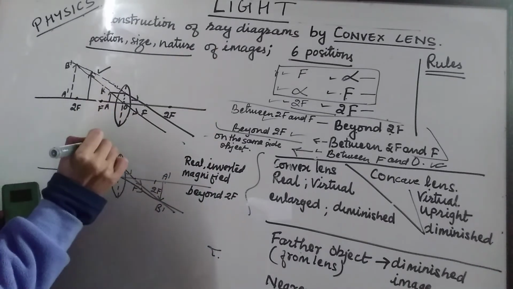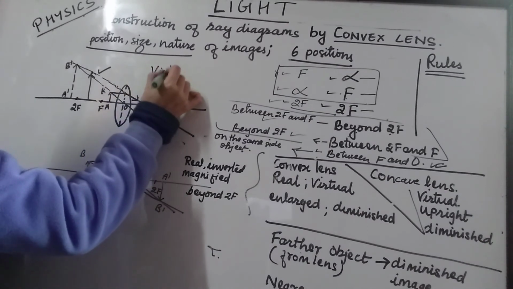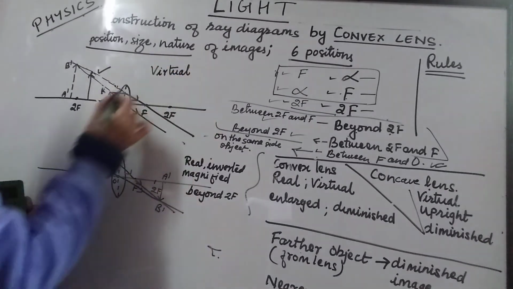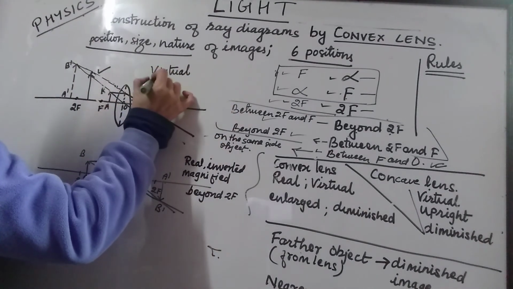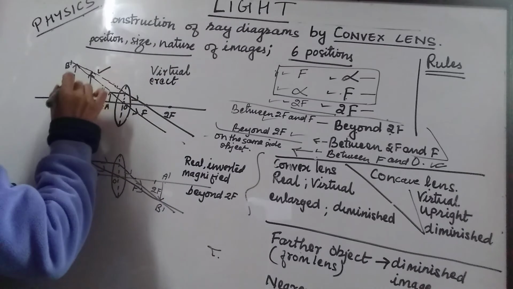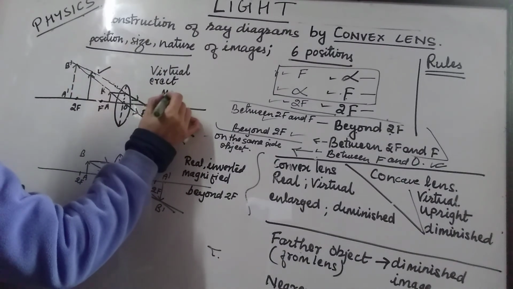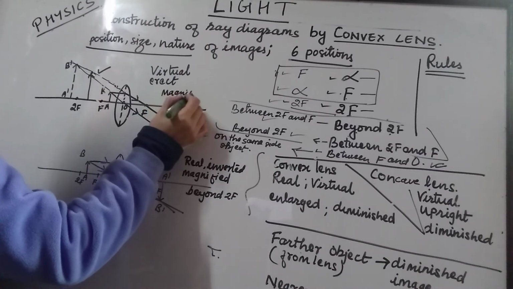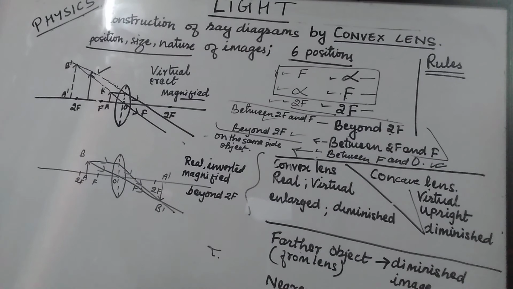Now the nature of the image is virtual because it is on the same side as the object. If it is virtual, it is always erect, meaning standing up. And this is magnified, because it is bigger than the object. Virtual, erect, magnified.